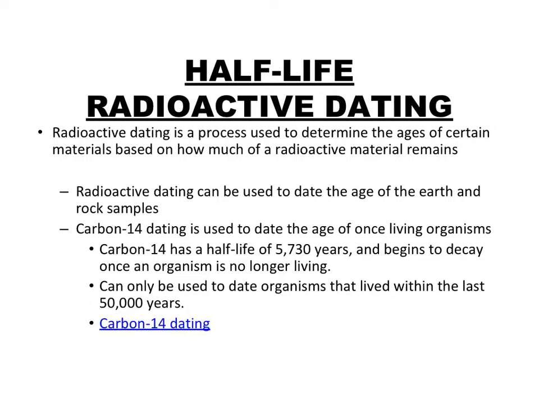But it has to be within the last 50,000 years, or else it cannot use carbon-14. So that's radioactive dating. This was half-life. And half-life, again, is just this idea that there's a given amount of time that it takes for any radioactive sample to decay 50% of its material.